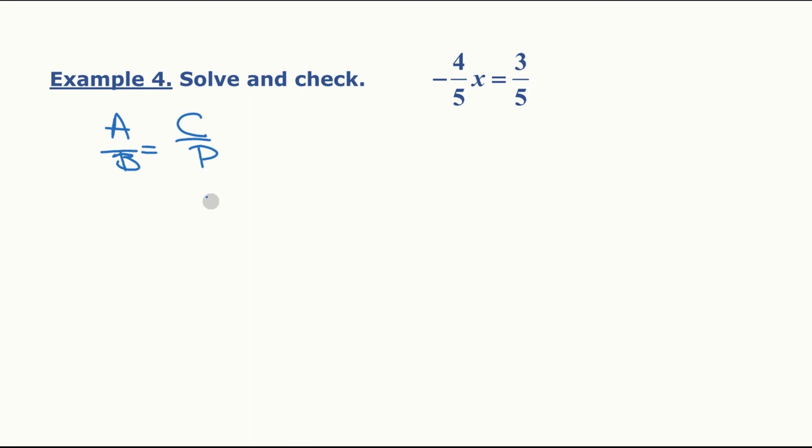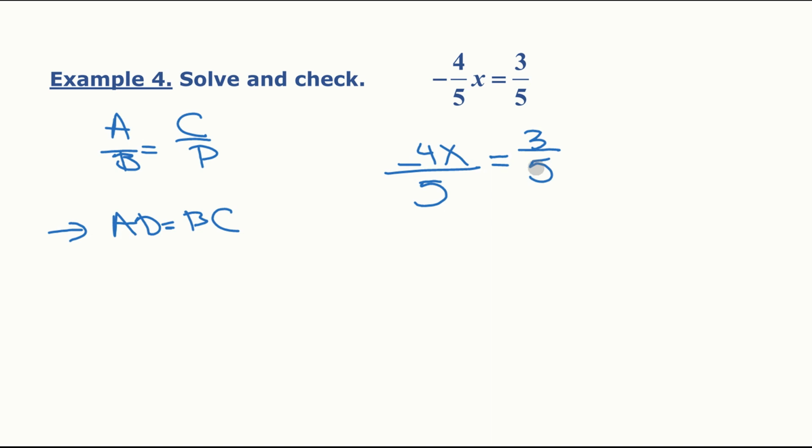As soon as you see those, you should think cross multiply, because that's a proportion, and therefore AD equals BC. So to put it more in this form, you can write the top as -4x over 5 equals 3/5.